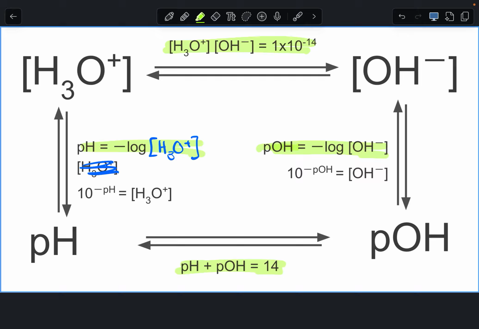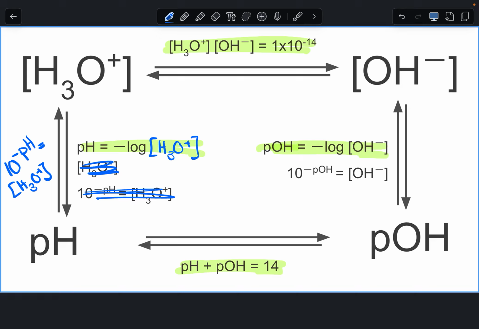So the 2 that are left is how to undo the log, which, like I said, log and 10 to the something are kind of inverse of each other. So the way you undo pH and get back to H3O plus, maybe I'll rewrite this on the other side so you realize that that's this direction, this arrow. 10 to the negative pH will give you H3O plus.